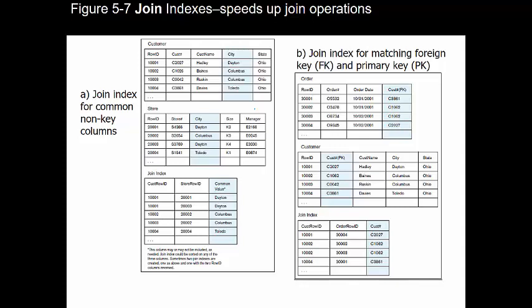Therefore, if two tables are heavily joined by a group of users, then when it comes to inquiries from that group, you don't need to go to each individual table. You go to an already combined, joined table. That way you can save the return time. So these are all the optimization issues.